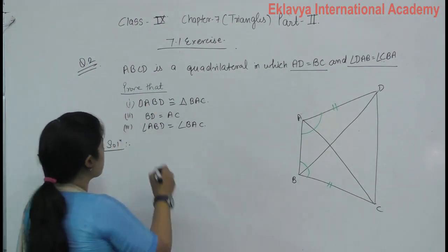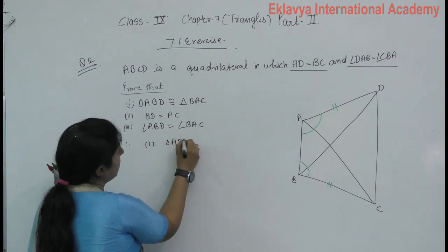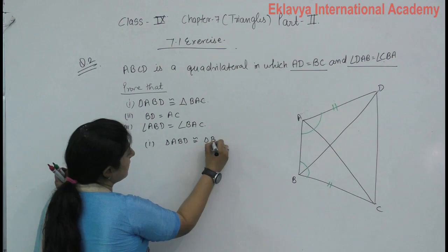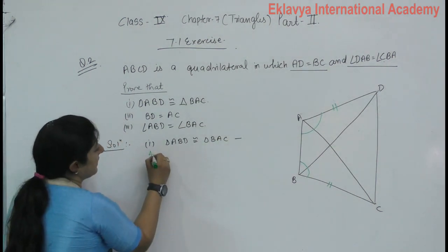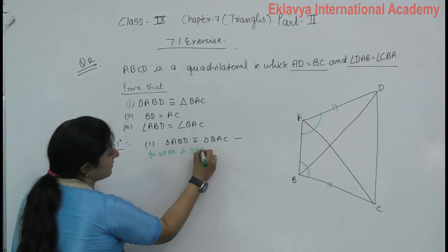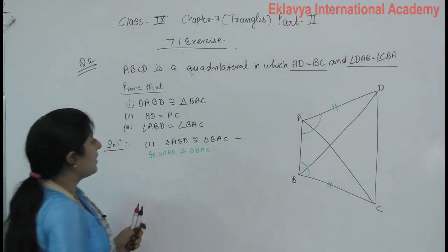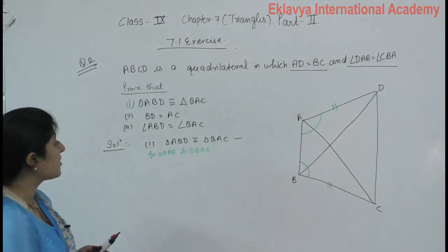In the first part, prove triangle ABD is congruent to triangle BAC. For this, take triangle ABD and triangle BAC. Try to see here whether any side is common in these.